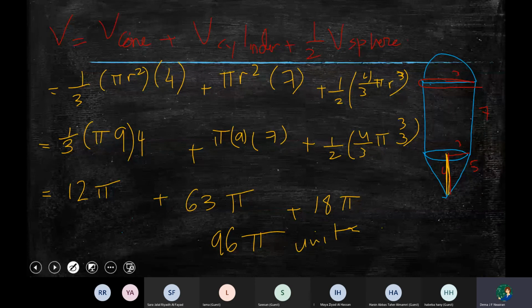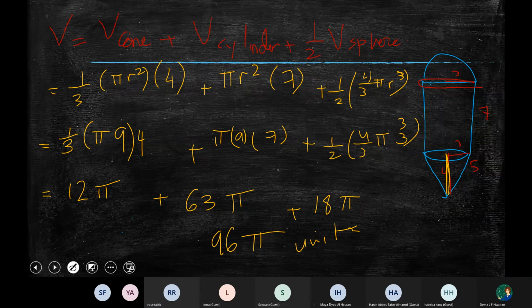Teacher, if it's solid, there won't be a sphere. We will not use the sphere. If it is solid, what did you say? Teacher said something to Habiba, that if it is solid, just imagine it.